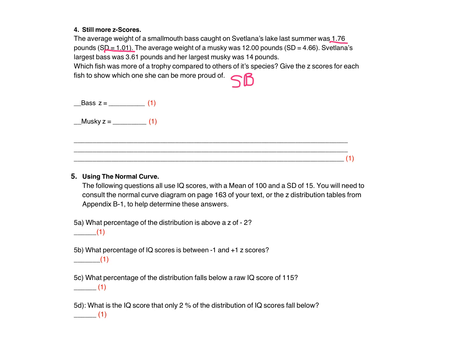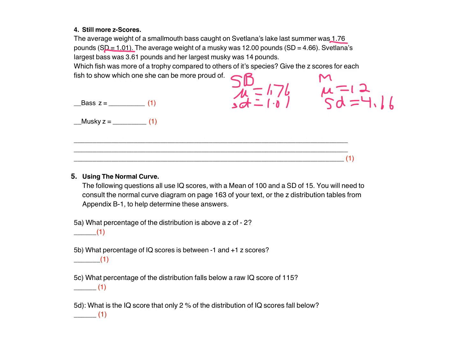And then we've got muskie. So I guess we'll use an M for muskie. And the mean for the muskie is 12 pounds with an SD of 4.66. And this one was 1.76, and this one was 1.01.